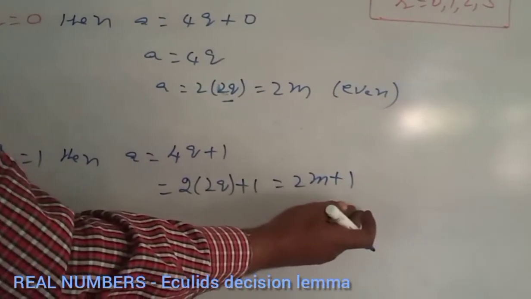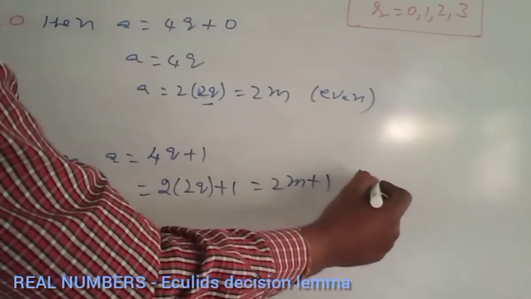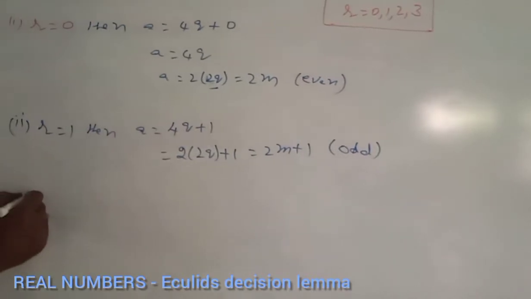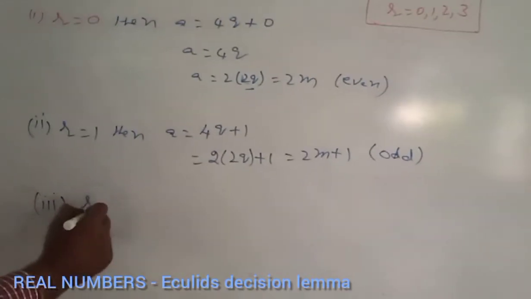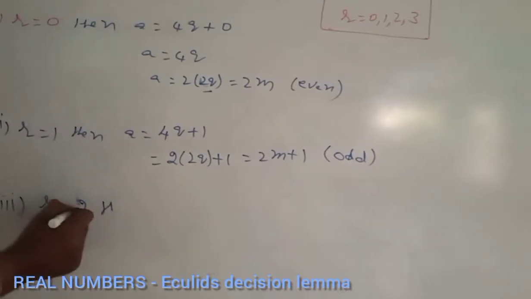That is the odd number definition: 4Q plus 1 can be written as 2M plus 1. That is an odd number.